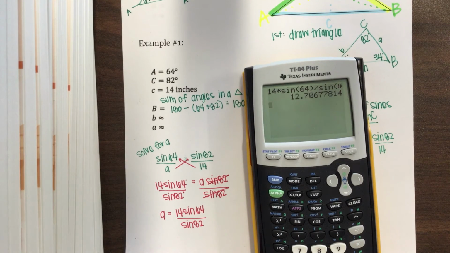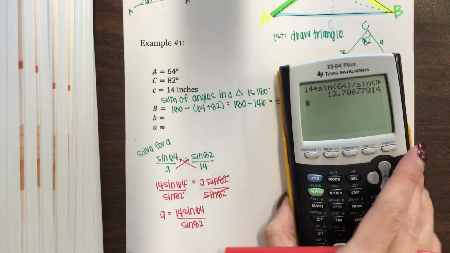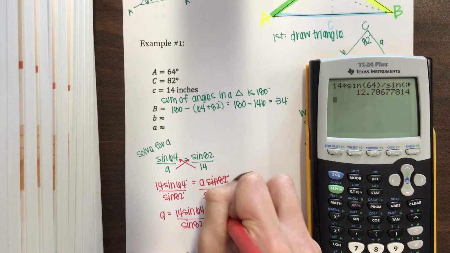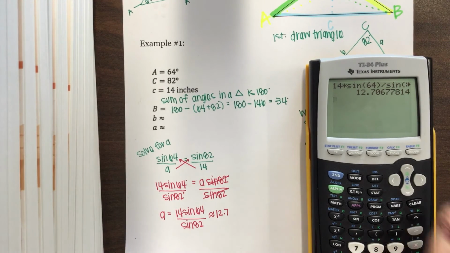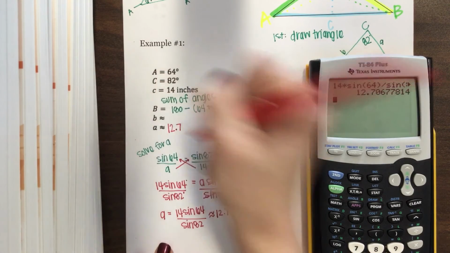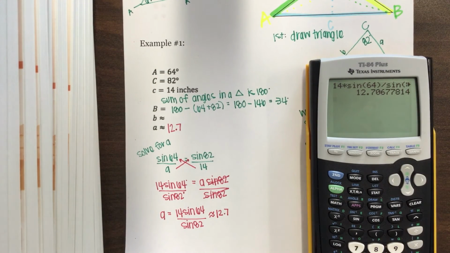And that gives me 12.706. I'm just going to round to the nearest tenth, so this will be 12.7. So now we know that A equals 12.7. Okay? So now let's solve for B.